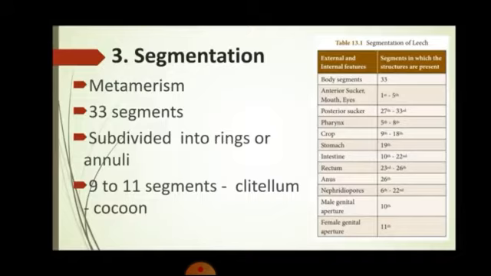So on this slide, you can see the segmentation of the leech. There are totally 33 segments. Both external and internal features are given, followed by the segments in which they are present.